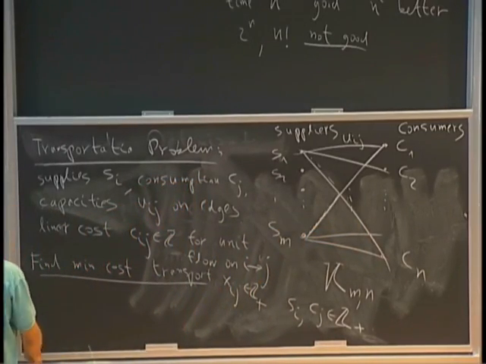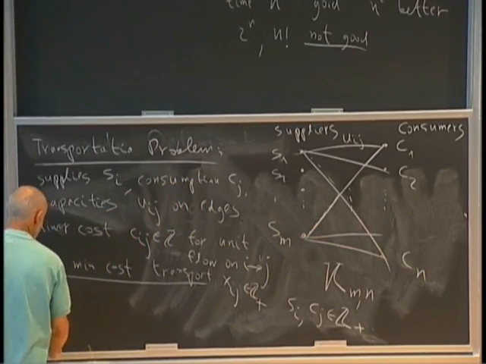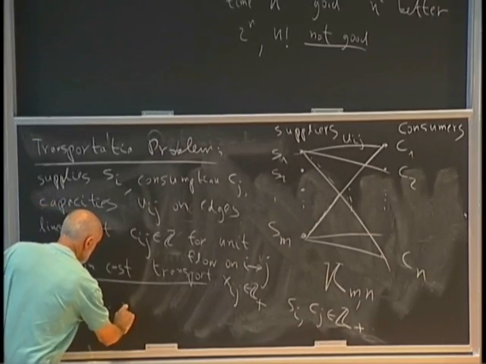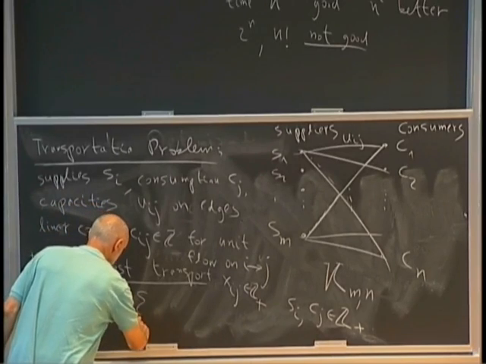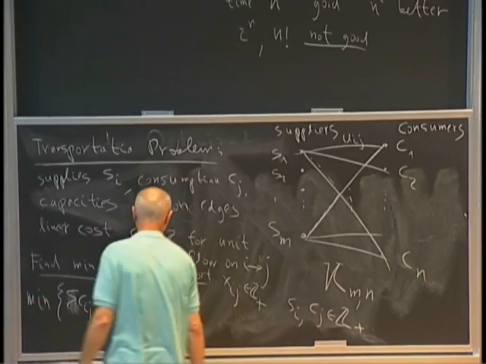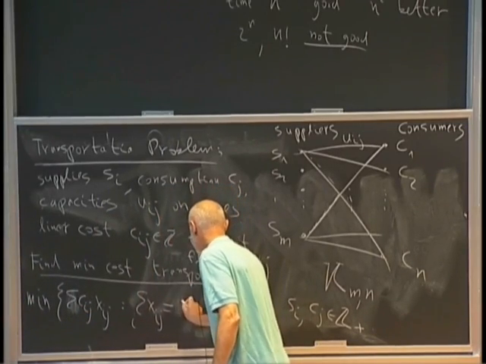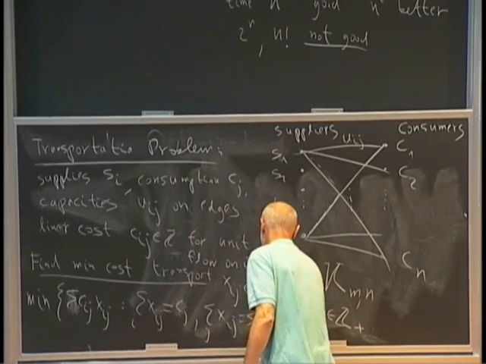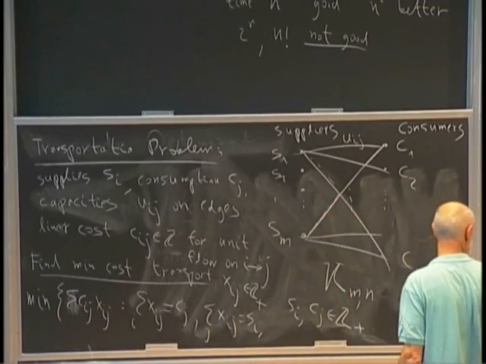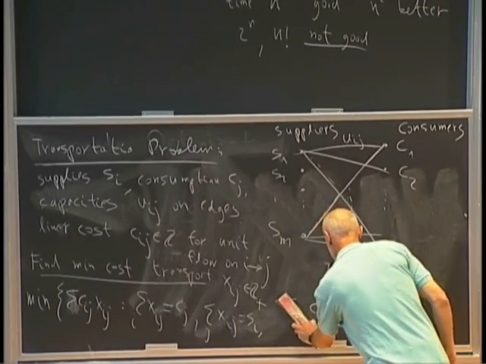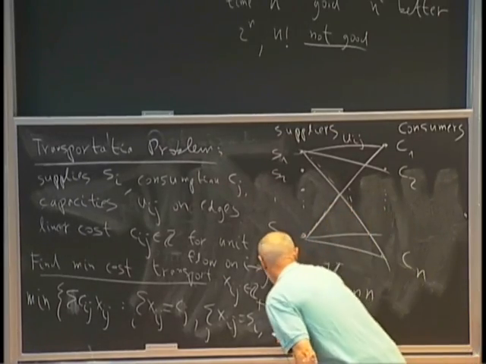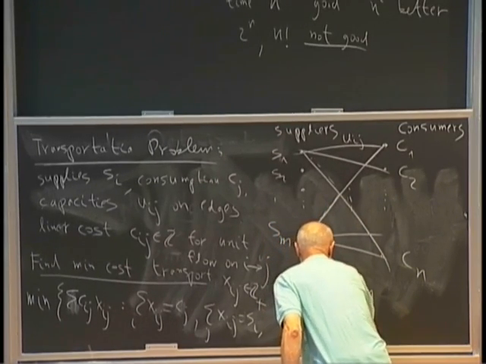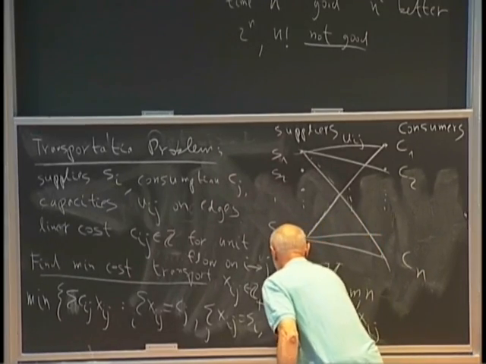So this is an integer programming problem. Now you want to minimize Cx, sigma cij xij, such that, very similar to the assignment problem, the sum over the suppliers equals the consumption, and the sum over consumers equals Si, and what else? xij less than or equal to Uij, and xij non-negative and integer.